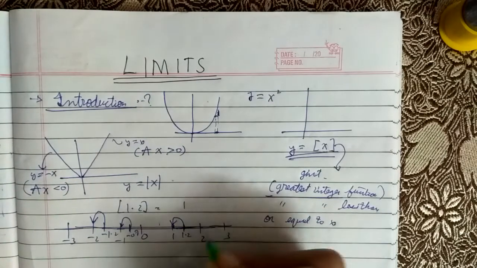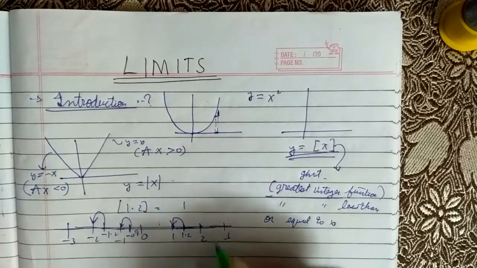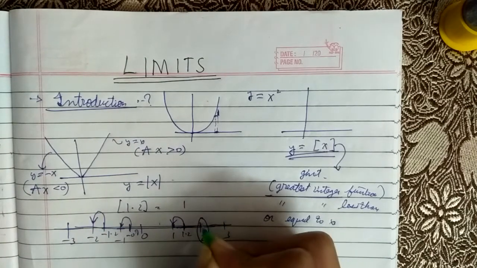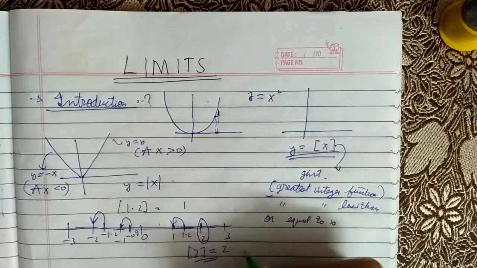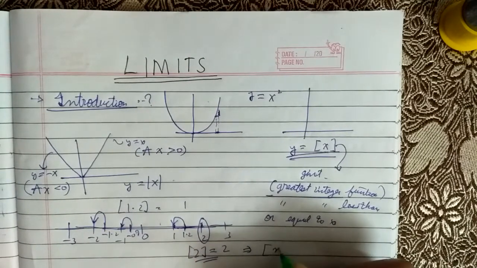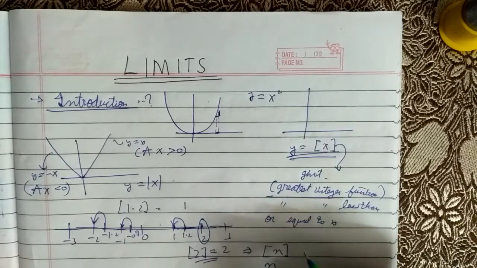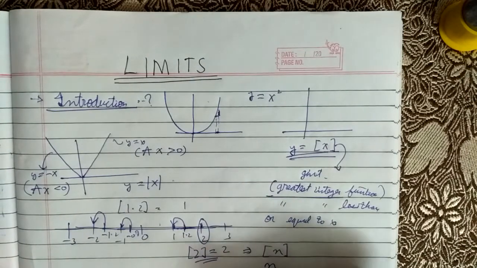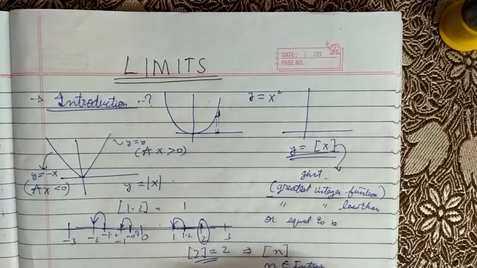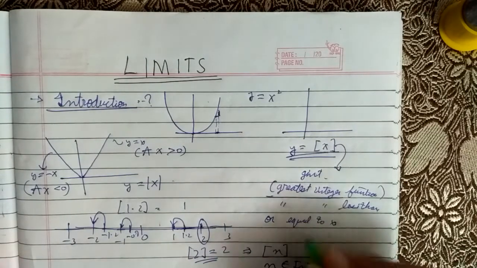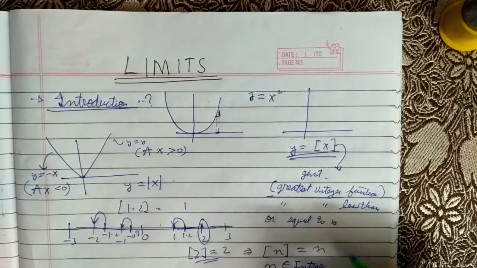And for x belonging to integers, for example x equal to 2, [2] is equal to 2. For any integer, whether natural number, whole number, negative or positive integer, it is the same value.